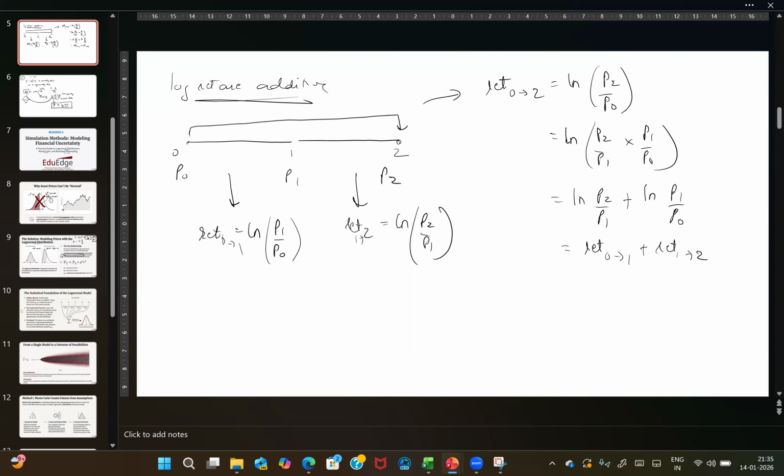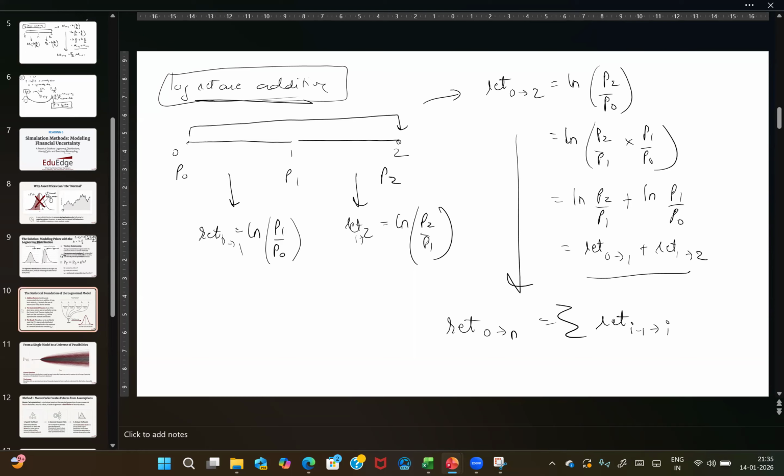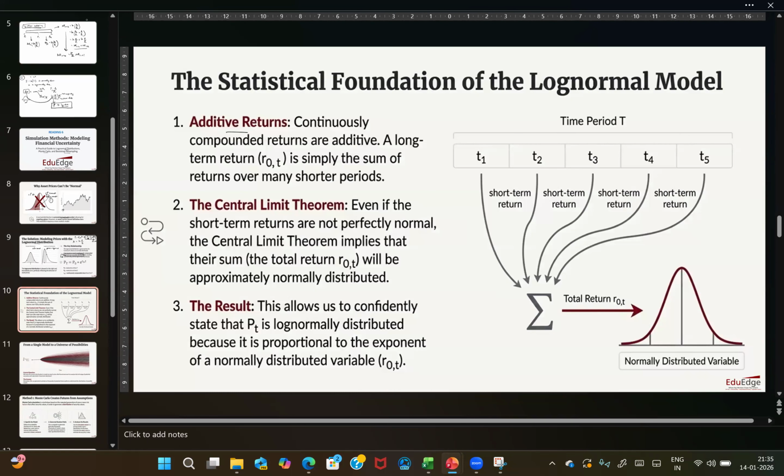So return 0 to 2 is nothing but the summation of return 0 to 1 and return 1 to 2. We can, in fact, through induction, go on to prove that return between 0 to n is the summation of returns i minus 1 to i. So that's how it looks. So log returns are additive, and that is what is being mentioned here, additive returns.